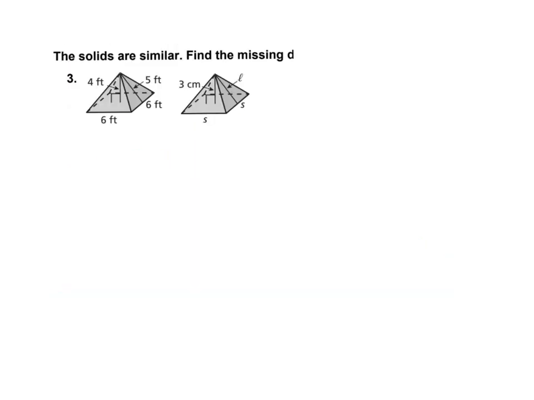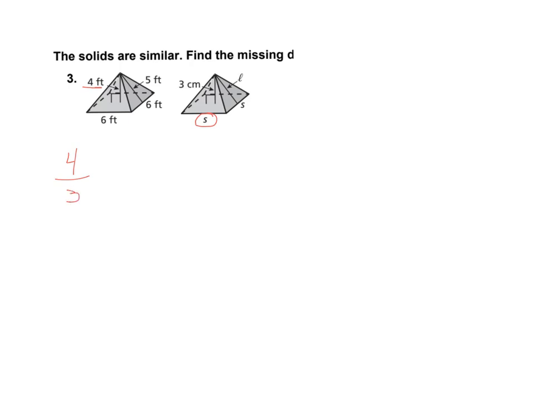On question number 3, the solids are similar. Find the missing dimension. Looks like there's 2, right? So let's solve for S on the first one. I have to compare things that are similar, so in the same position. So let's say 4 corresponds to 3.